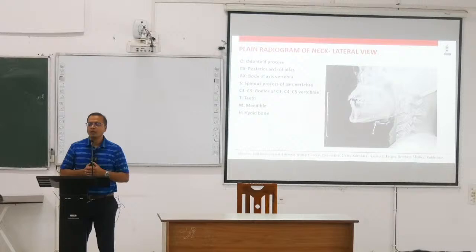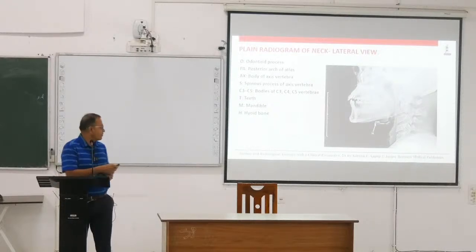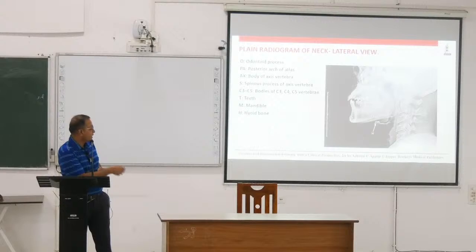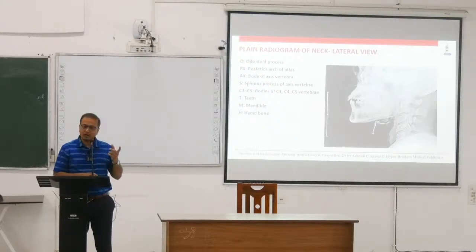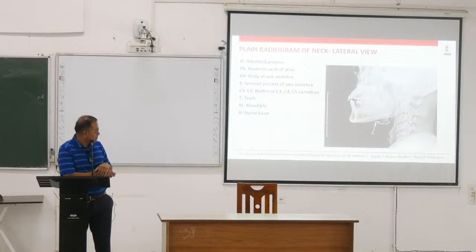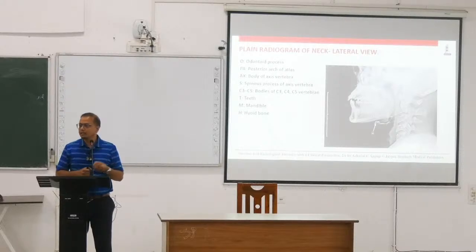One is the curvature, the cervical curvature, which has to be curved anteriorly, a little bit bent like this. So you look for the curvature of the vertebrae. Second is the gaps between adjacent vertebrae, which hold the joints. We call them intervertebral joints.